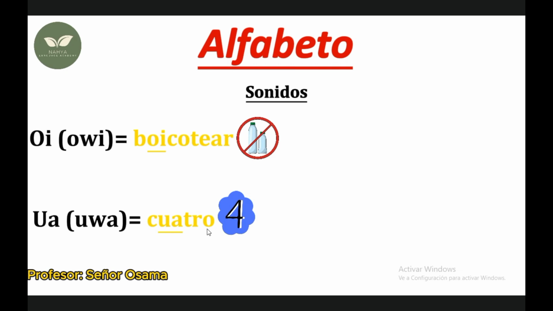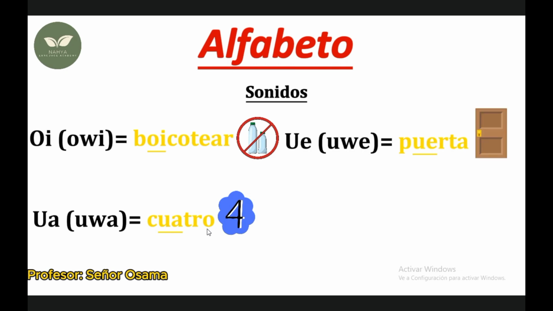So next one. Okay, so here we have the next one, uwi. Okay, uwi, we find it in the word puerta. Puerta, which means door.